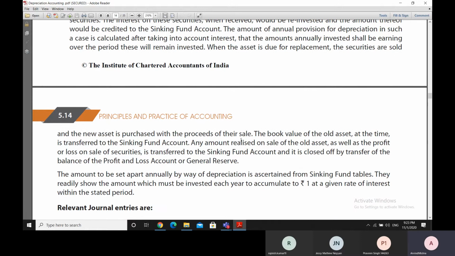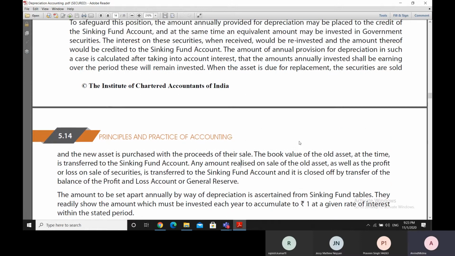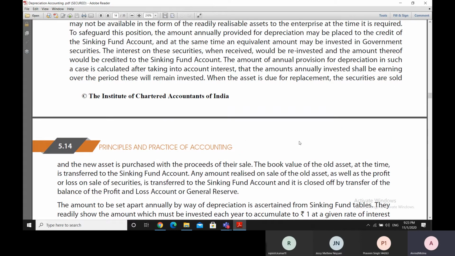Now the book value of the old asset, which had lost its utility, is transferred to the sinking fund account, because there will be some surplus value also of the old asset, for which we can sell the old asset in the market and get some salvage value or surplus value, and that surplus value or the book value of the old asset is also transferred to the sinking fund account.